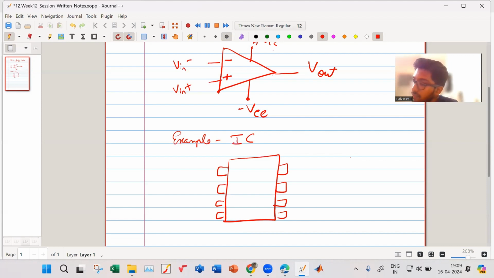So we have pins. This is your pin number 1, then 2, 3, 4, 5, 6, 7, 8. This is the identification mark for you to know that this is pin 1. Otherwise, it will all be symmetrical, so you will not know which is which.